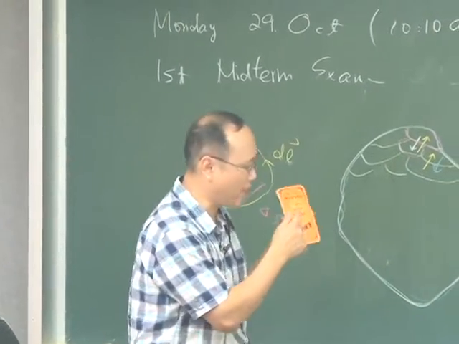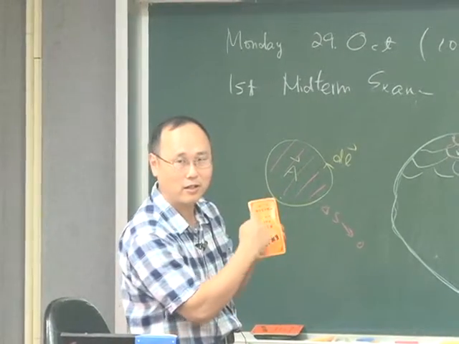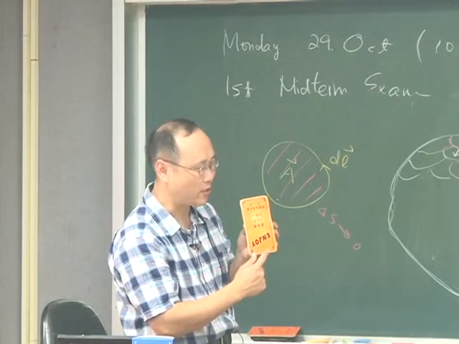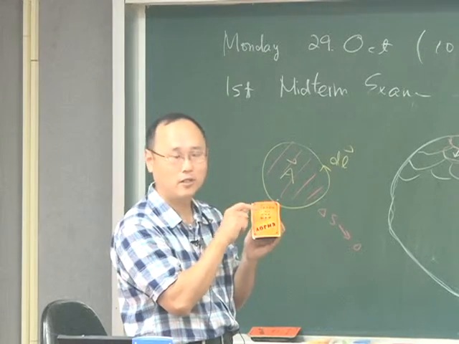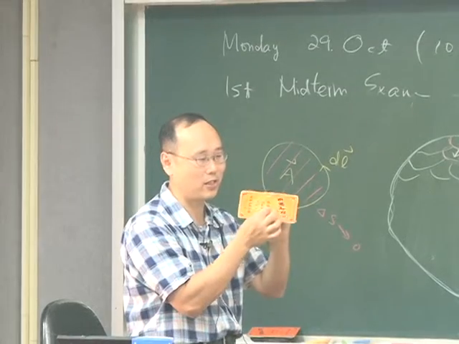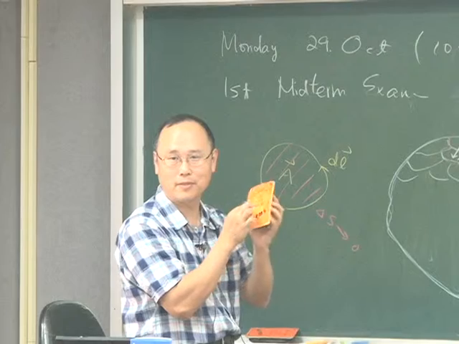You pick one point, and then you have some surface like this. But you can also pick a different surface, say this surface. The point does not move, but the surface can change all the time.